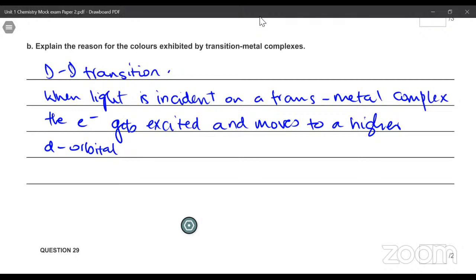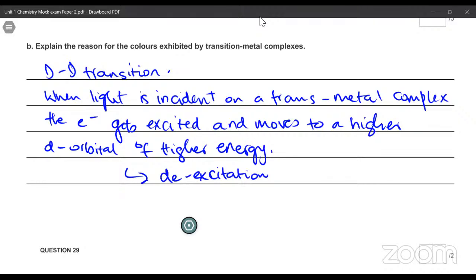And eventually, when the electron loses the energy it had absorbed before, so it becomes de-excited, or de-excitation occurs, they emit photons or energy of wavelength and frequency in the visible light region of the EM spectrum, or the electromagnetic spectrum.